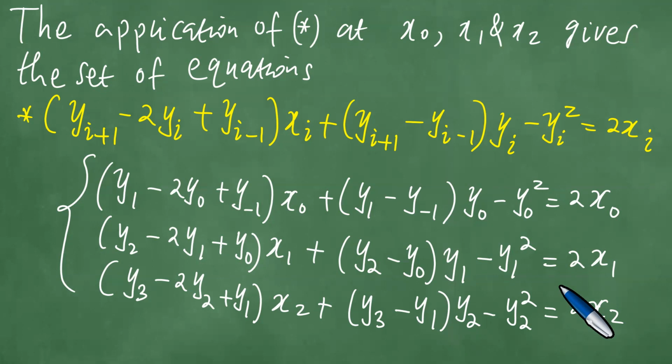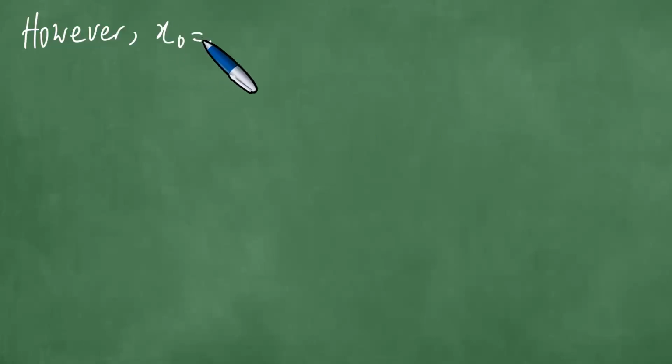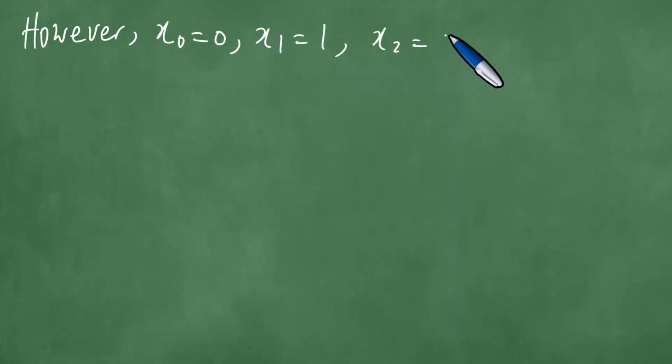And then after these, we ask ourselves the question of what else can we do here? Because we already know x0, but what is x0? However, we have knowledge of the fact that x0 is 0, and then we add 1, and then we add another 1, we get 2.